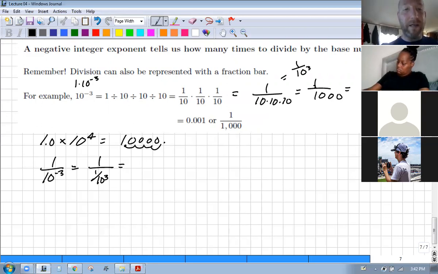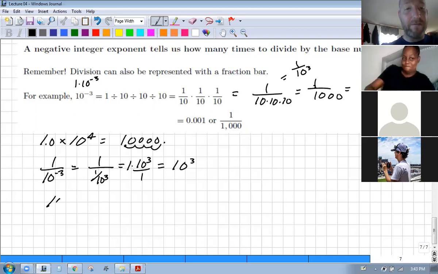And dividing by a fraction is the same as multiplying by its reciprocal. All right, so negative exponents mean divide. If you have a negative on the bottom, that's like having a positive on the top. Does that make sense?